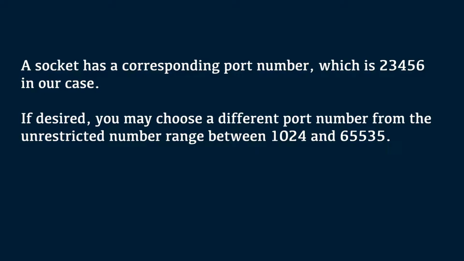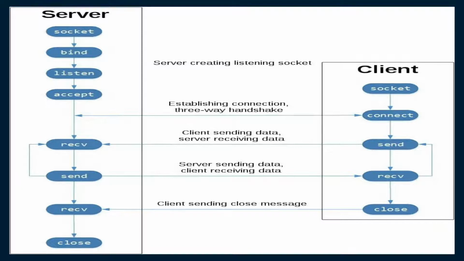A socket has a corresponding port number which is 2, 3, 4, 5, 6 in our case. If desired, you may choose a different port number from the unrestricted number range between 1024 and 65535. To use Python socket connection, we need to import socket module.